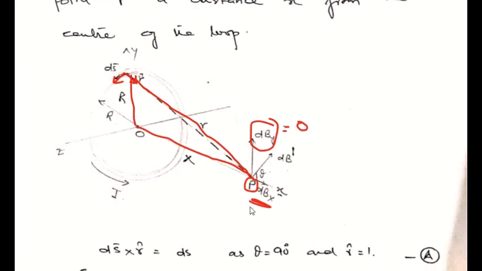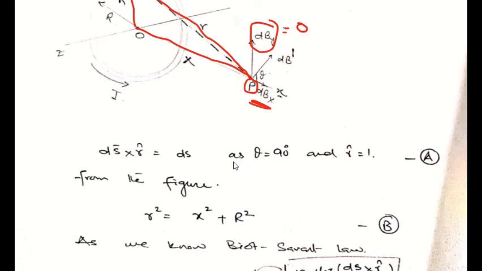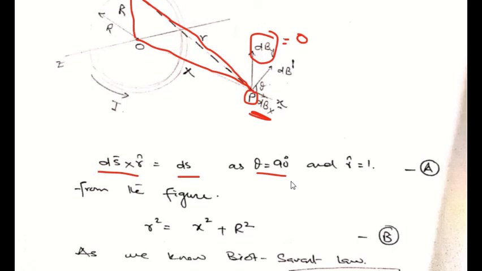So for that we will proceed, again considering this part of the Biot-Savart law, that is ds cross unit vector r is equal to ds, as theta is 90 and unit vector r is 1. And again from the equation we can use the Pythagoras theorem, that is, square of hypotenuse is equal to square of the perpendicular plus square of base.